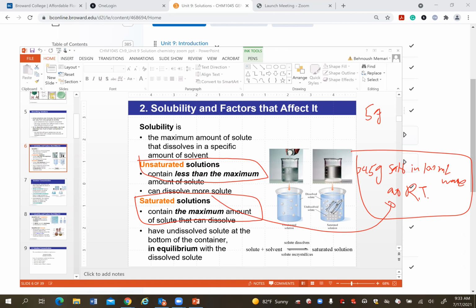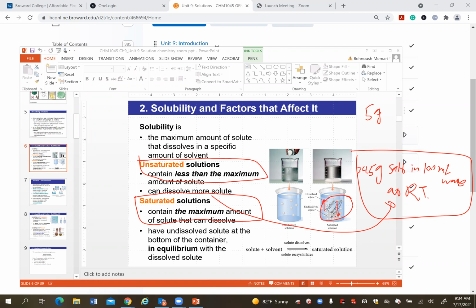So this diagram here in this picture shows that if you have leftover solid, that would be in equilibrium, or it's called dynamic equilibrium. A piece of solid can go to liquid as long as solid from the liquid goes down and precipitates, or forms the solid, or crystallizes.